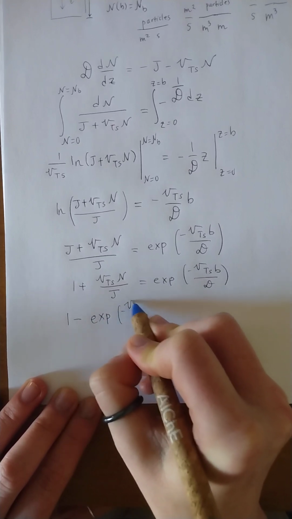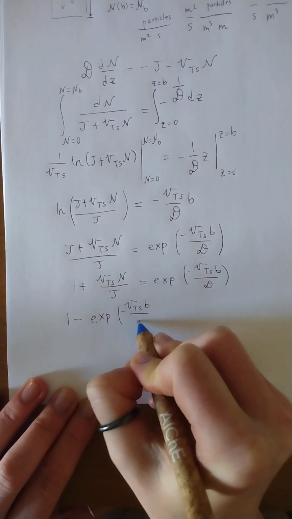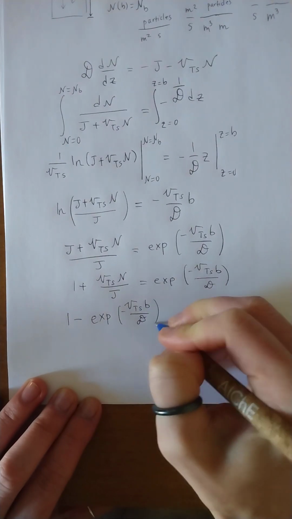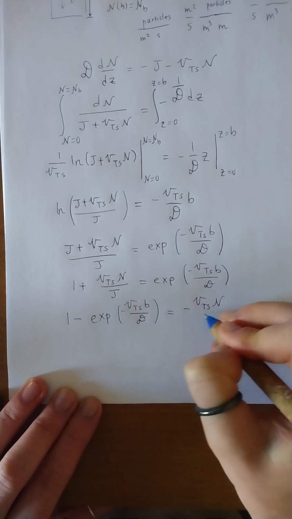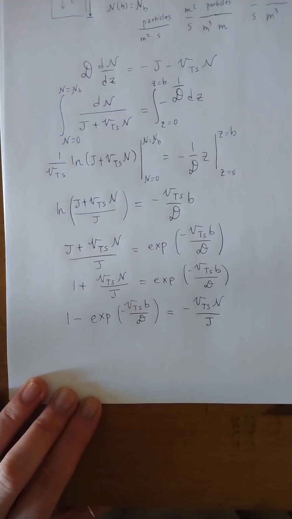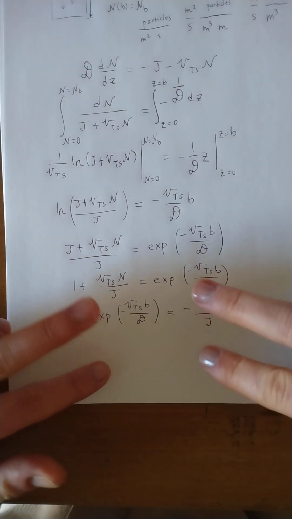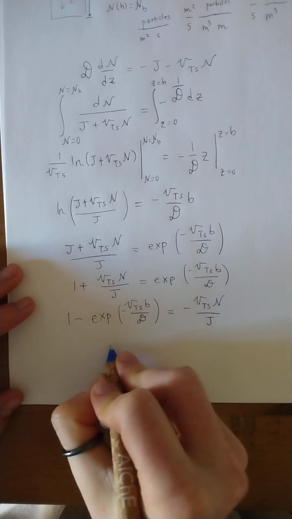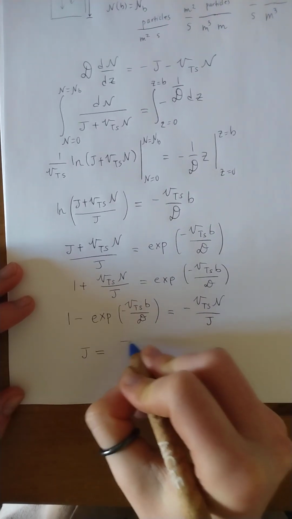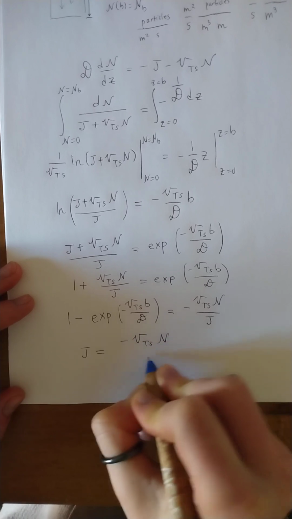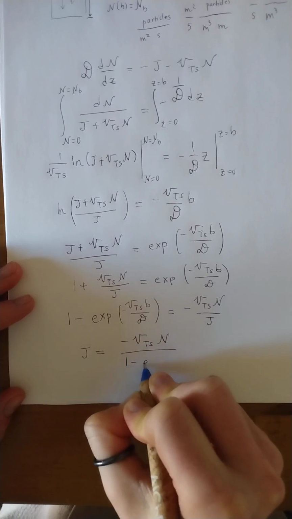And really from here out, it's just algebra to rearrange stuff in order to get an expression for J. I'm going to flip everything. So now J equals minus v_ts times n divided by 1 minus.